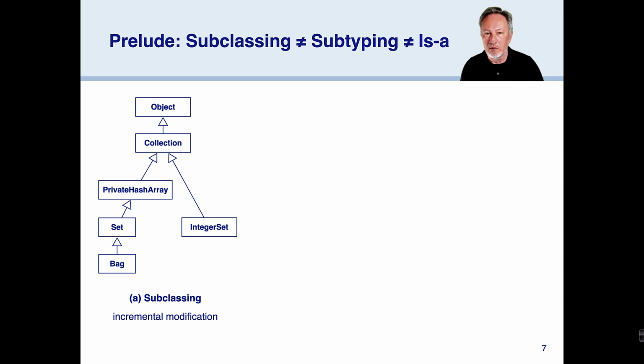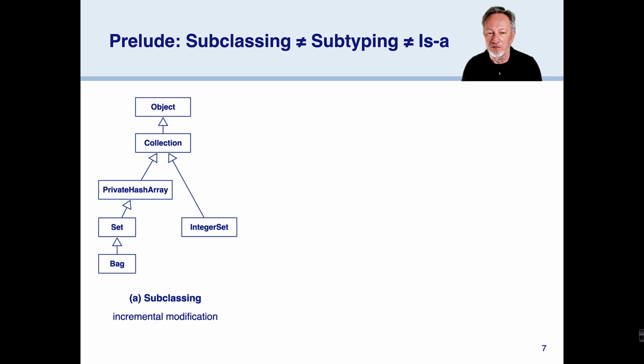So here the class Collection inherits from Object and adds some features. PrivateHashArray is a kind of collection which adds some additional features, and a Set is implemented internally as a private hash array and inherits from PrivateHashArray.